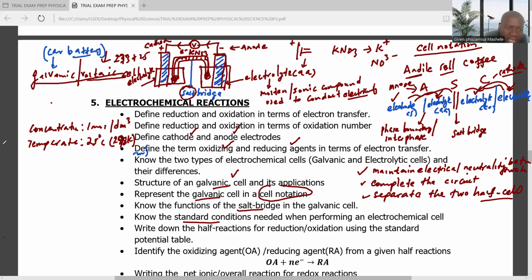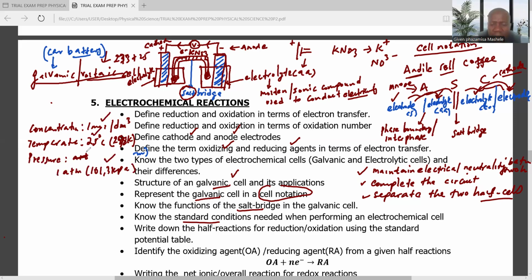Then lastly, if you are dealing with pressure of gases, it should be either 1 atmosphere or 101.3 kilopascal. If you are dealing with pressure in the context of gas, you need to know this standard condition.